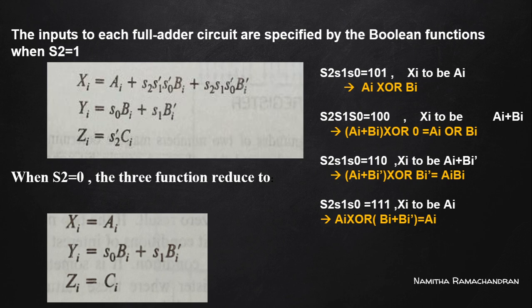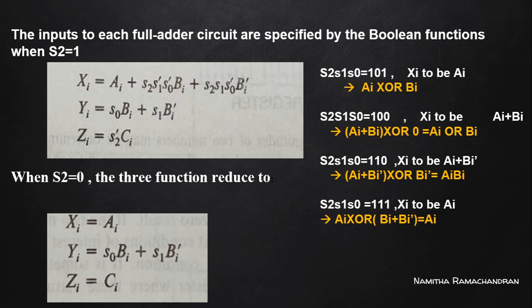Okay. So Bi plus Bi complement is 1. So the Yi term becomes 1. Xi becomes Ai and Yi becomes 1. Okay. So Ai XOR 1 becomes Ai complement. And also Zi becomes S2 complement. 1 complement is 0 into Ci, which is again 0 here. So Ai XOR 1 becomes Ai itself.